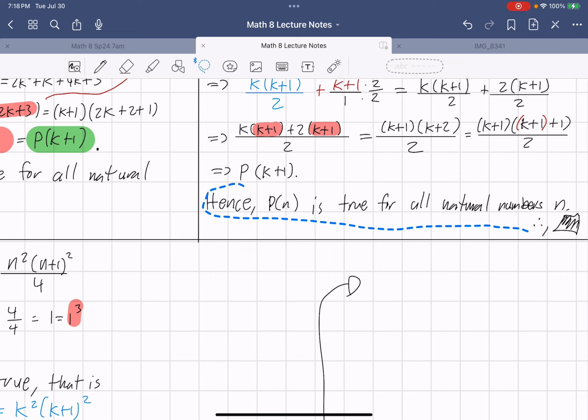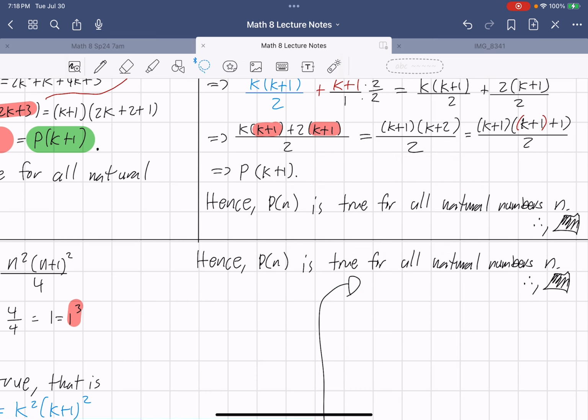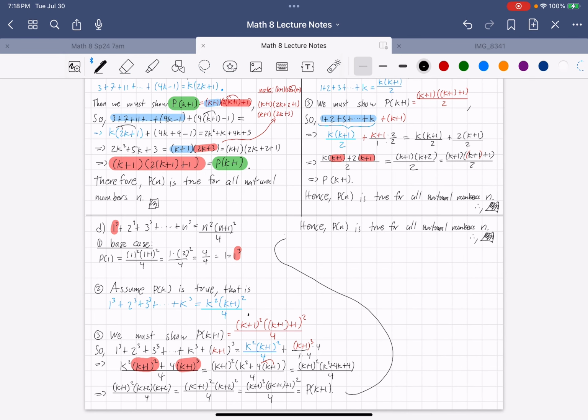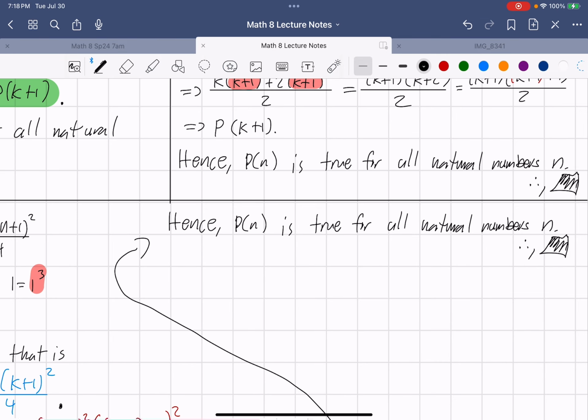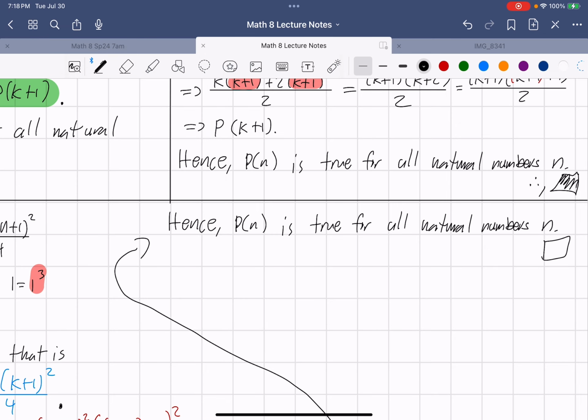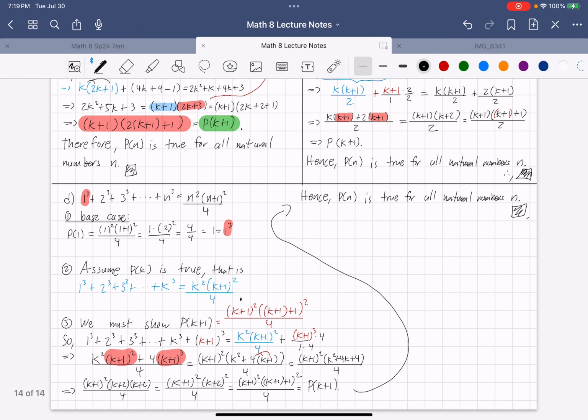I'm just going to copy. This is just how you want to finish your statement right here. So I would just add that portion after this step. So hence P of n is true for all, and so on and so forth. You could either finish it with the square or those 3 dots. But that's another example. Hopefully this helps.